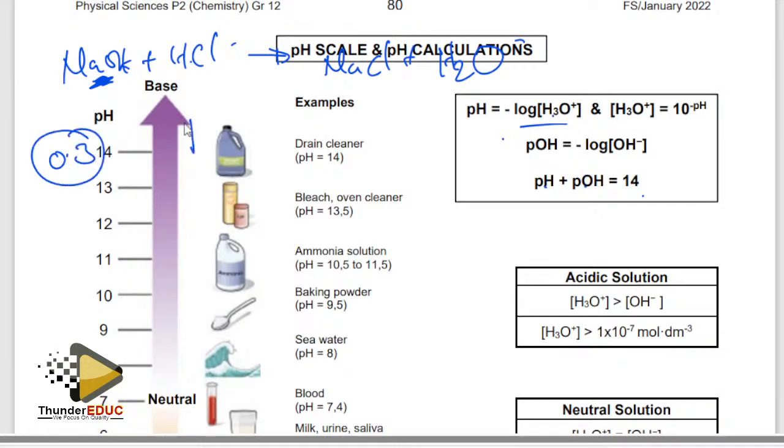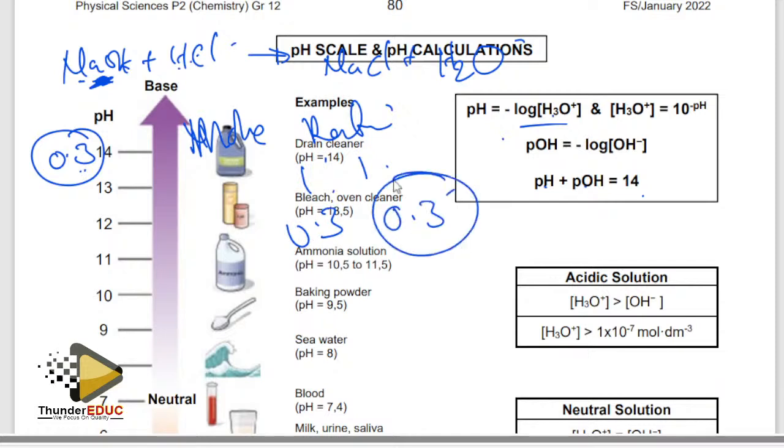Then you have to use the mole ratio, which is 1 to 1. Definitely, if this is 0.3, then automatically this one is also going to be 0.3. Then now use this to calculate the pH, because now you have the hydrogen ions. You understand? Number 2 could be a sulfuric acid.